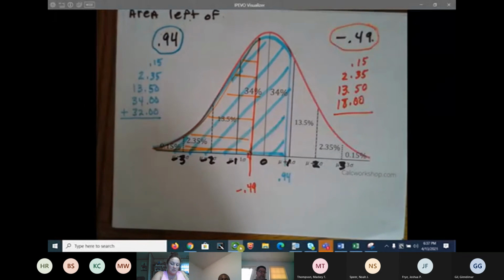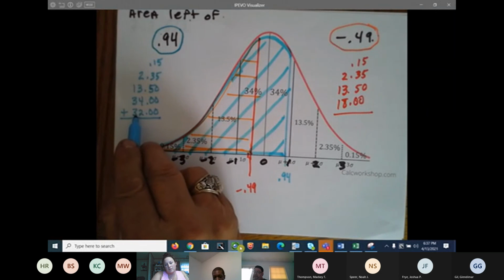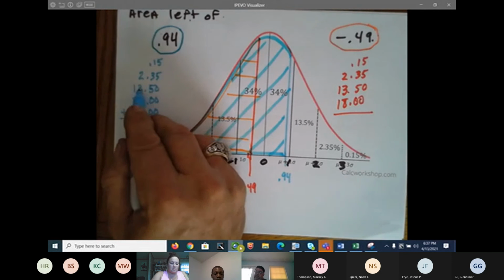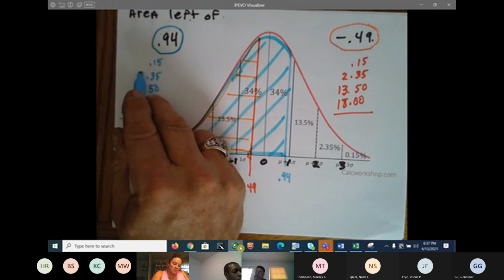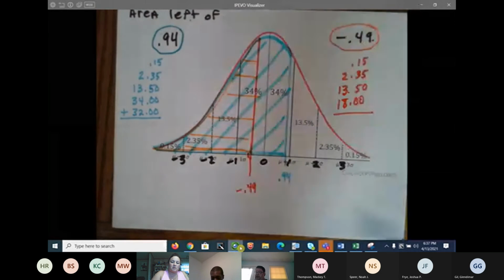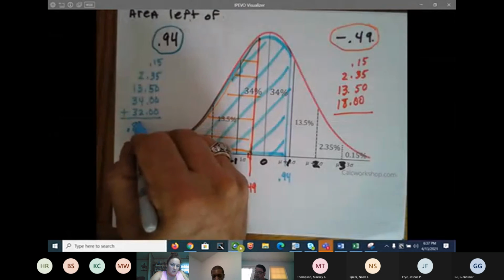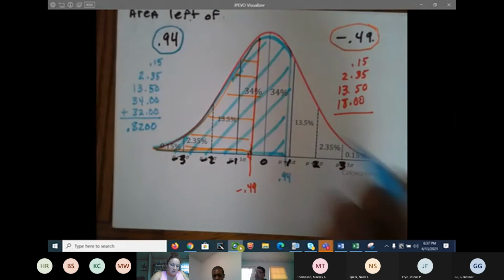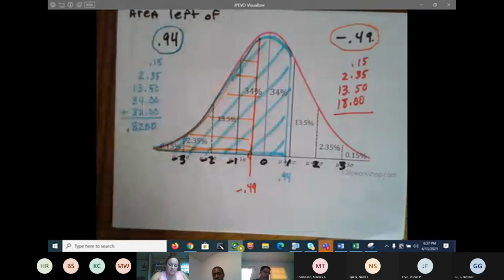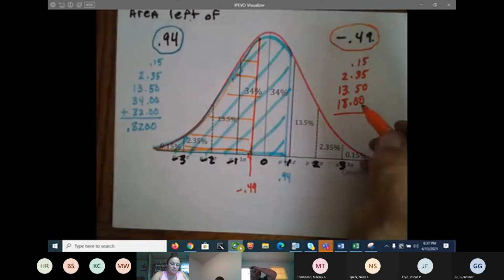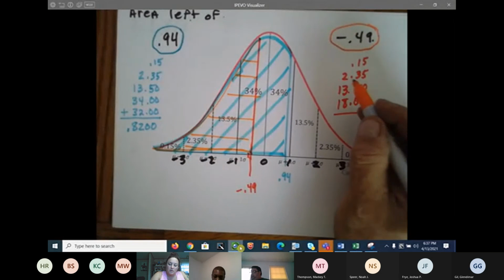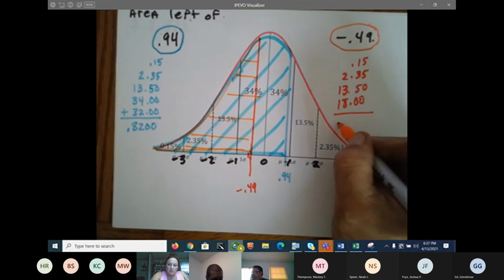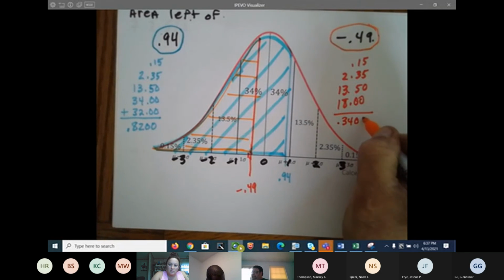So by my empirical rule, 32 and 34 is 66, 79, 80, 81. I'm going to say around 82 for the blue. And then over here, the orange, the empirical rule, 18 and 13 is what? 31, 32, 33. I'm going to say around 34%.